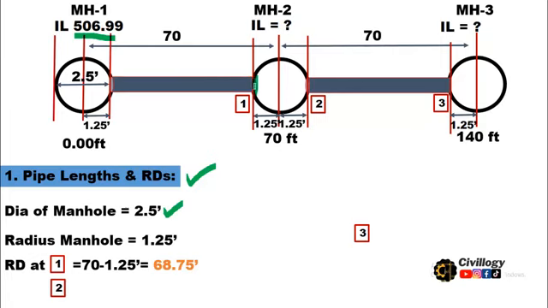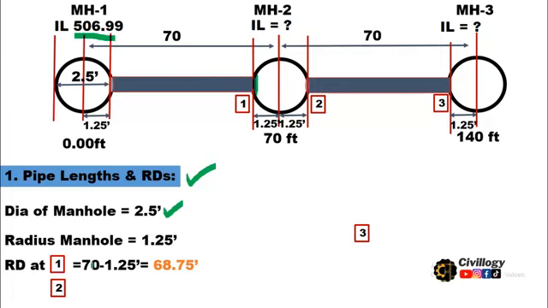This is necessary to find the pipe length, because we will have to calculate the number of pipes. Okay, so it is very important to learn the length of the pipe and the reduced distances at the start and end of the manholes. Okay, so what will be the RD over here?